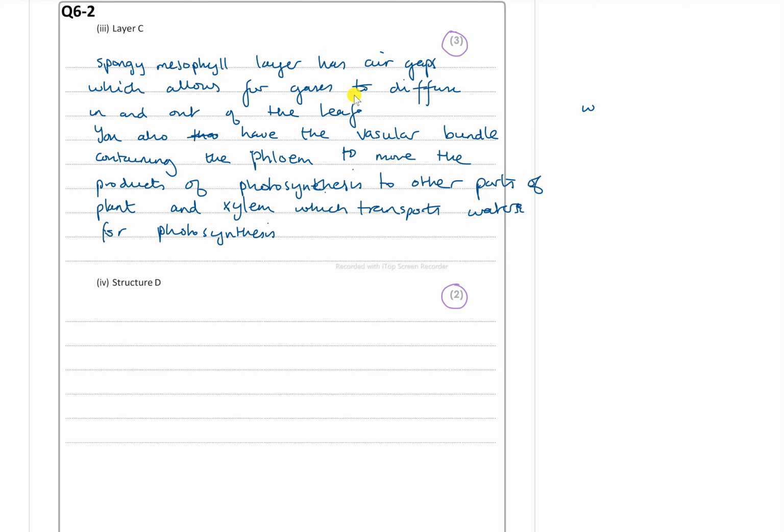So remember we said water and carbon dioxide are the two ingredients that we need to produce glucose, and you end up with oxygen as a waste product.